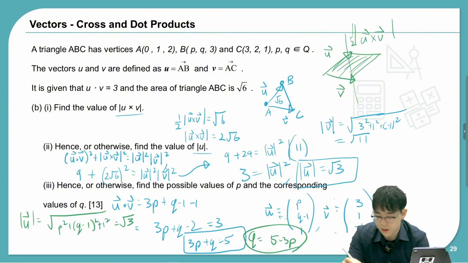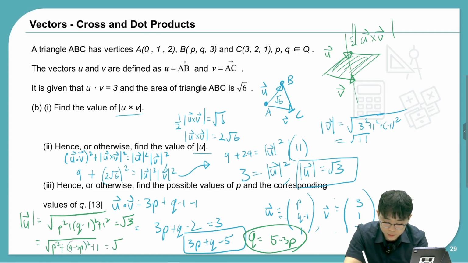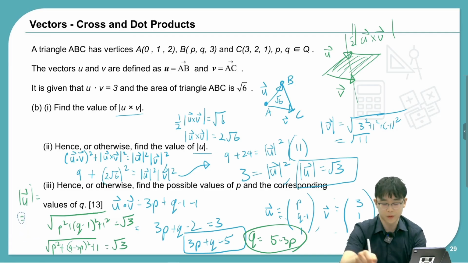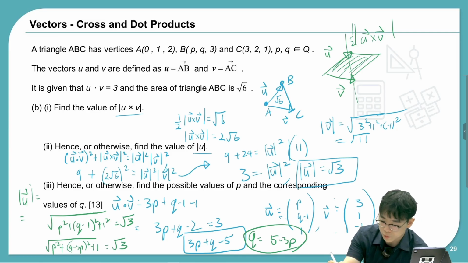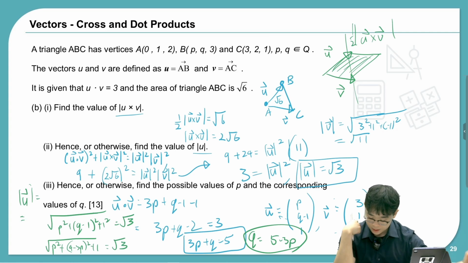But instead of q, we have 5 minus 3p, so this is going to be 4 minus 3p instead. So we get the square root of p squared plus 4 minus 3p squared plus 1, and that's going to equal root 3. Okay, so you can pretend the modulus bars are removed here. We're solving for the modulus of u represented by both the left and right side. They're equivalent, so we're now solving for p only. So we can just directly plug this into our calculator, and it should give us a certain value of p.